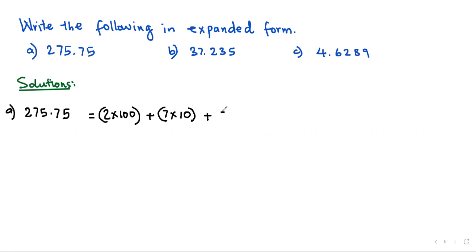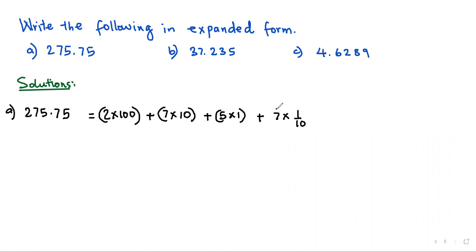And what is the value of 5? 5 times 1. Okay. Plus, what is the value of 7? 7 times 1 out of 10.